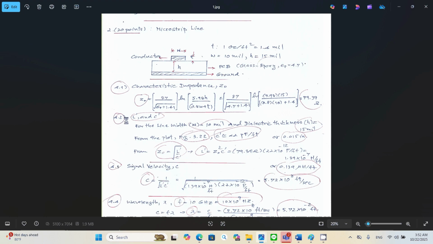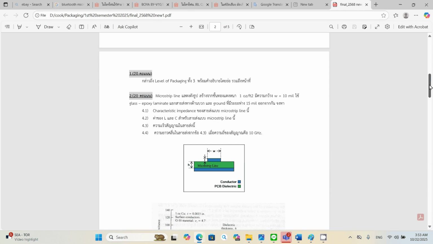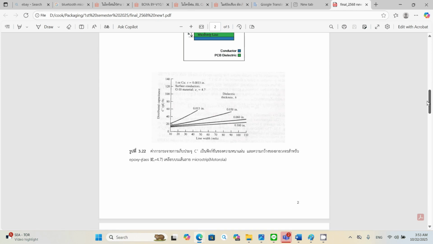Now for 4.2, L prime and C prime, that's the distributed parameters of the transmission line. You take a look at figure 3.2. When you apply the line width W equal to 10 mil, and dielectric thickness H equal to 15 mil, you go back to the figure that's given in the final exam paper.